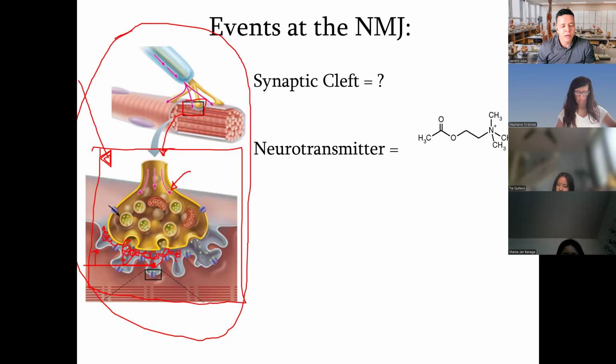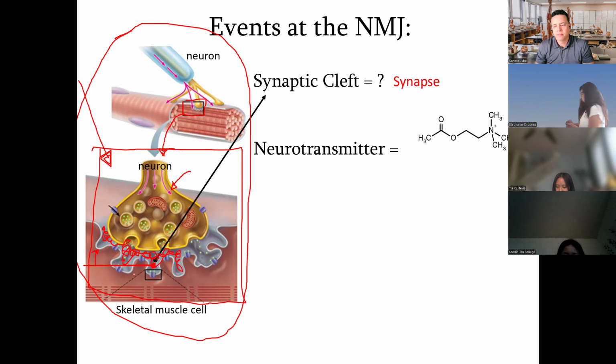This space right here is what we call the synaptic cleft, also called the synapse. So what is the synapse? What is the synaptic cleft? The synaptic cleft is the space between the axon terminal of the motor neuron and the sarcolemma of the skeletal muscle cell.